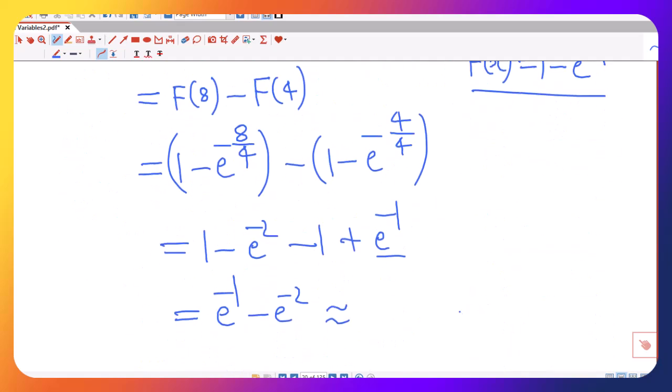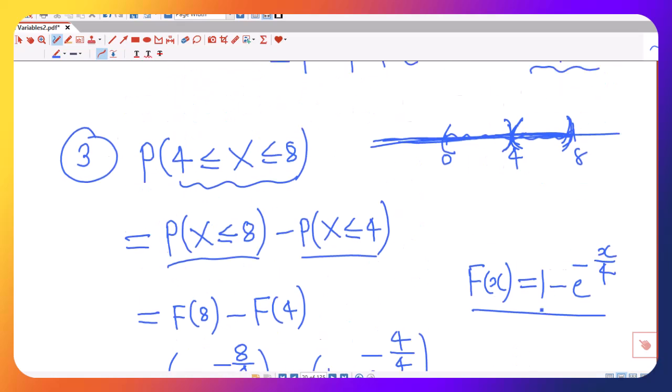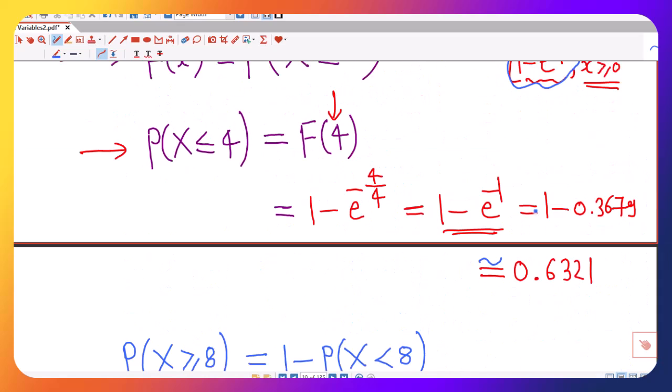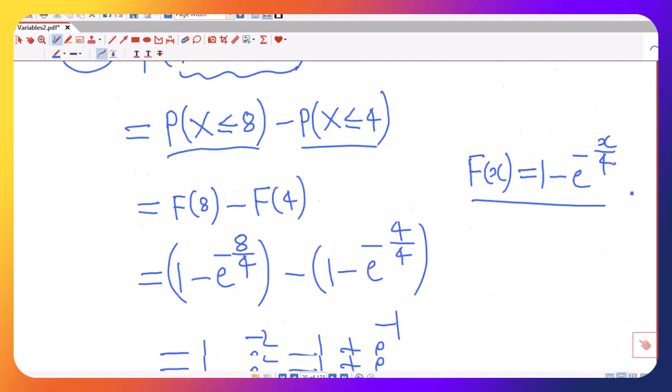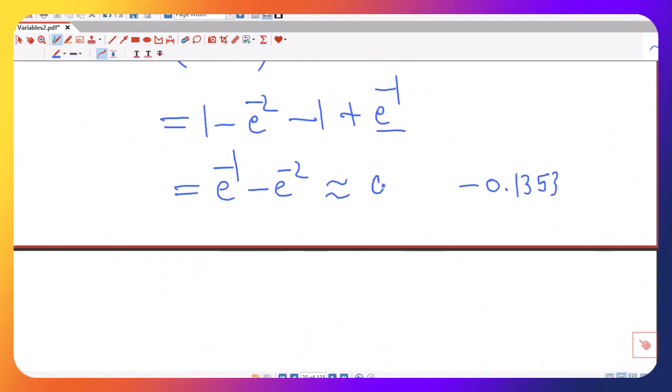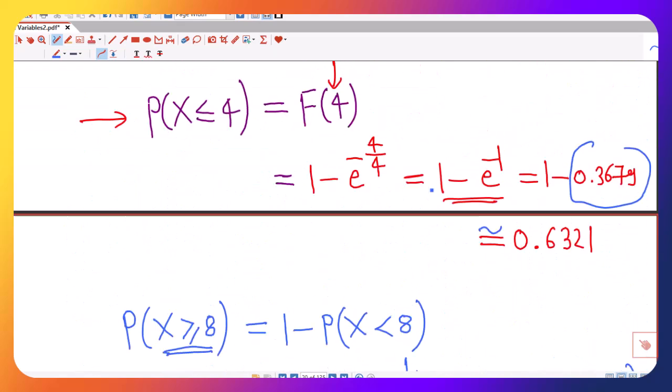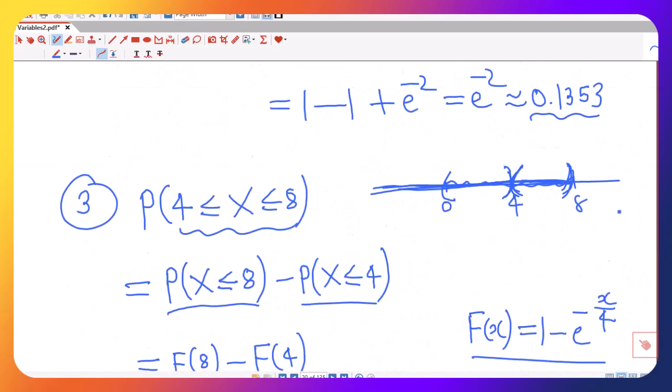Let me write that first, 0.1353, and what is e raised to minus 1, that also we have calculated, 0.3679. So that also I will write, 0.3679. Let me check again. e raised to minus 1 is 0.3679.